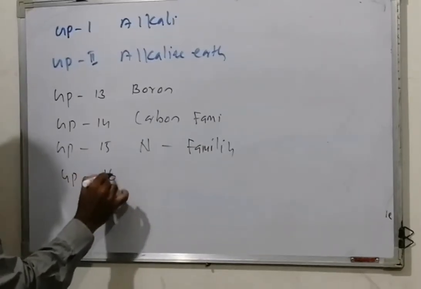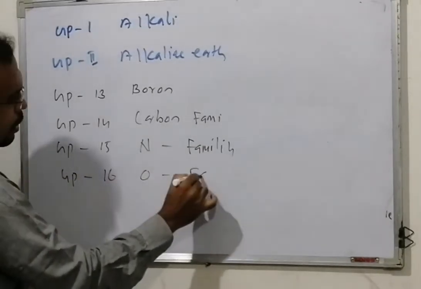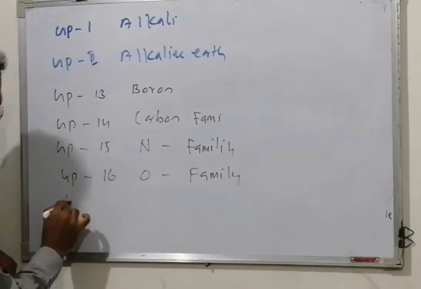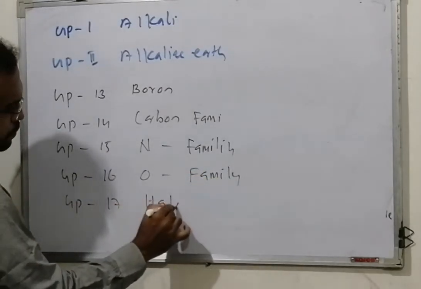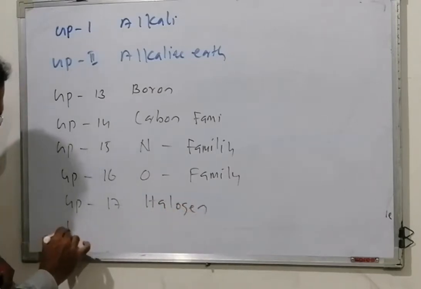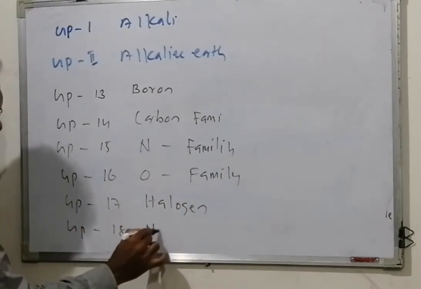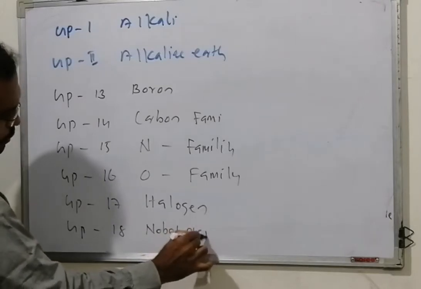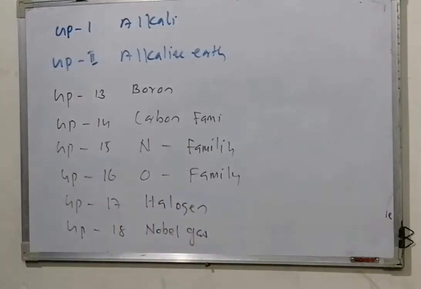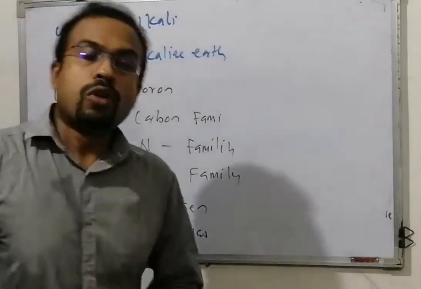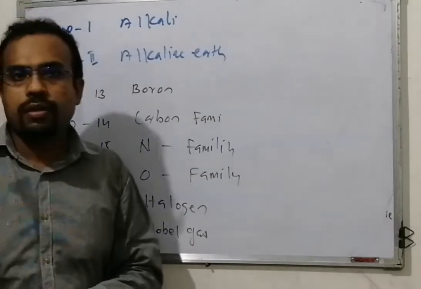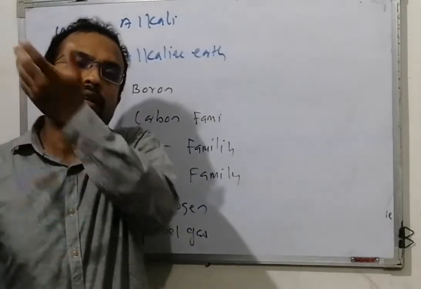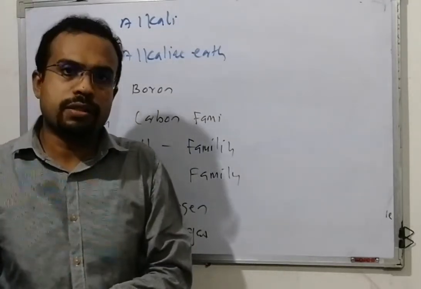Group 16, oxygen family. Group 17, halogen family. Group 18, noble gas. Normally the questions of electronegativity come from these groups. There is no question from transition metals or inner transition metals.